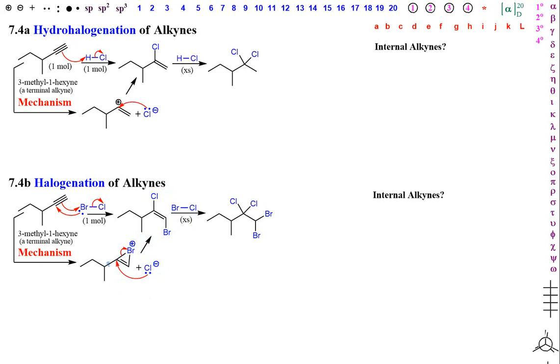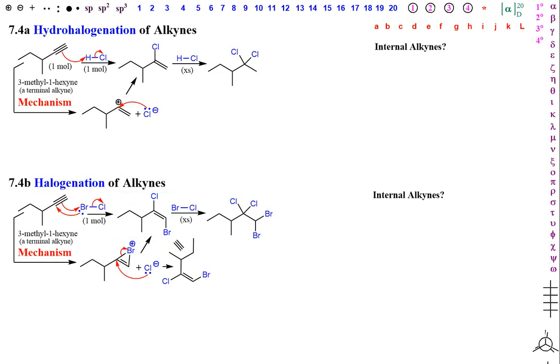I believe this mechanism here would have given this result shown here with the chlorine on the bottom. But in effect, that is really the same as this result here. So there was no need to draw it like this.